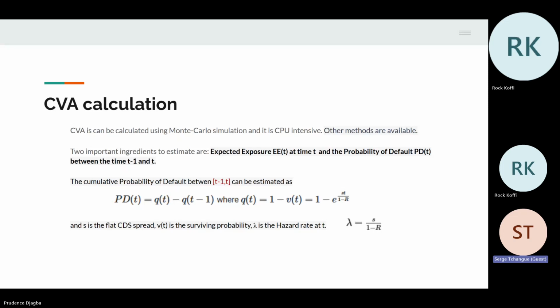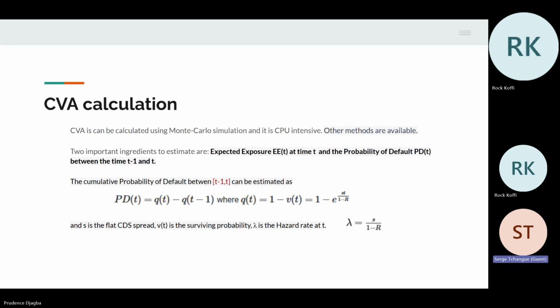You have spreads for 1 year, 2 years, 3 years, 4 years, 5 years. It doesn't have to be flat. It could be different for each year, a curve. And then you need to bootstrap that curve. That is something you might come across: bootstrapping a CDS curve.